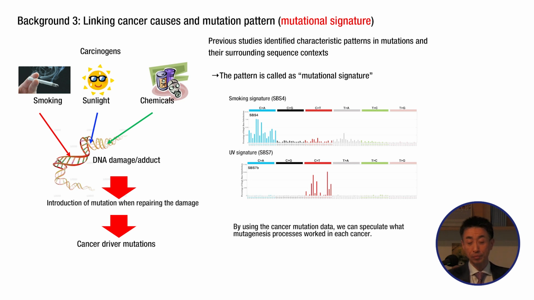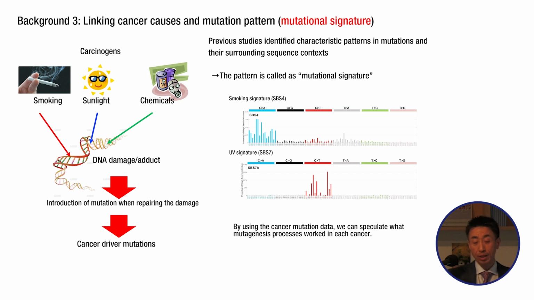Cancer genome data can tell us what the driver genes are, but this data can also tell us how the mutations happen. As you know, there are various environmental factors causing somatic mutations. Interestingly, for example, smoking, UV exposure or some carcinogens cause these mutations, but in different places.